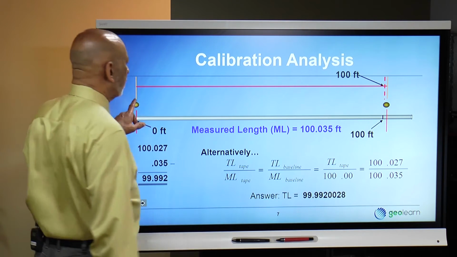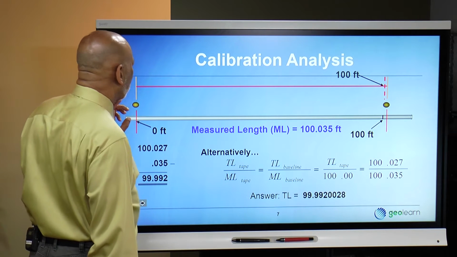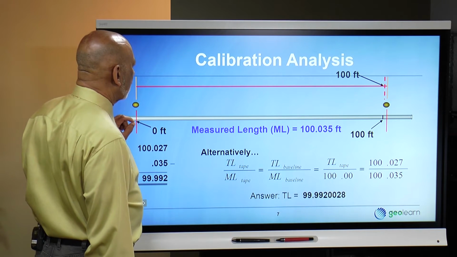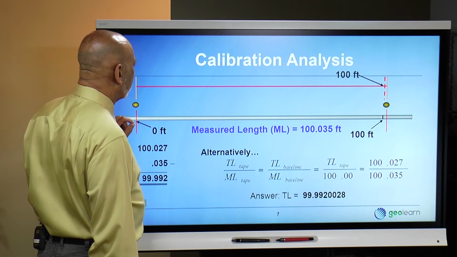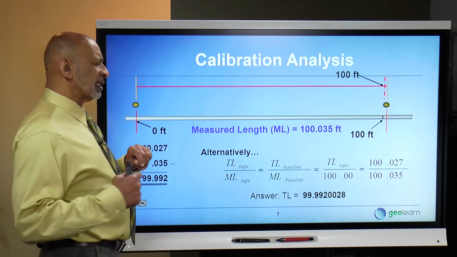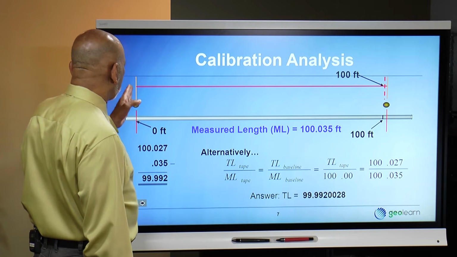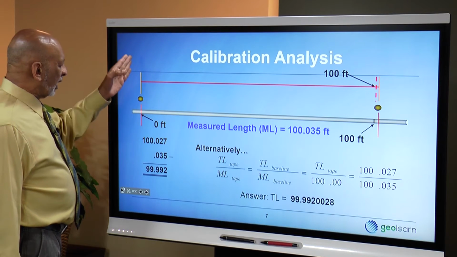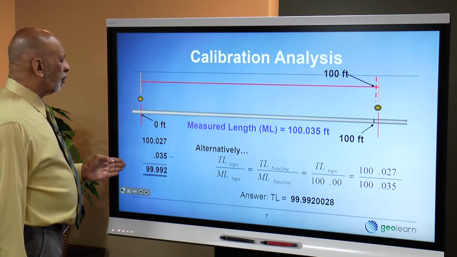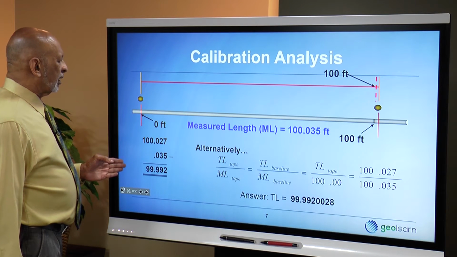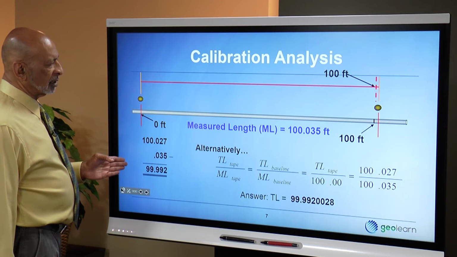So here's those same two brass discs, and what I've done is kind of a little bit of an analysis which doesn't exactly show you the way the tape is used. So what I'm saying is, let's assume that we align the tape so that the 0-foot mark is exactly lined up with one of the calibration points.